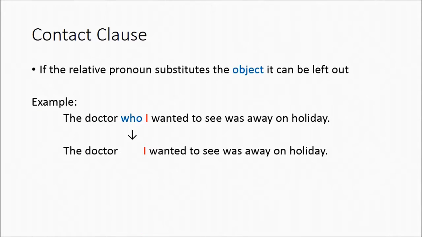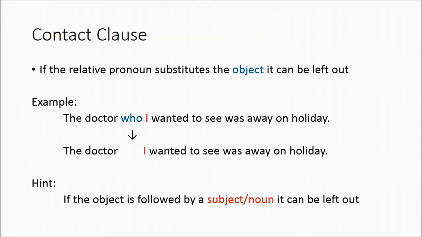The doctor who I wanted to see was away on holiday. The relative pronoun who relates to the doctor, who in this case is the object of the sentence, so the relative pronoun can be left out. This leaves us with: the doctor I wanted to see was away on holiday.